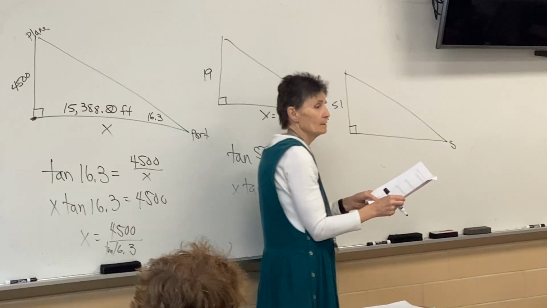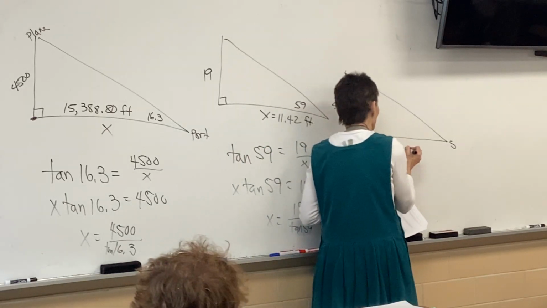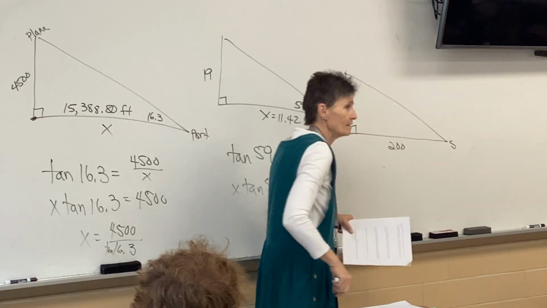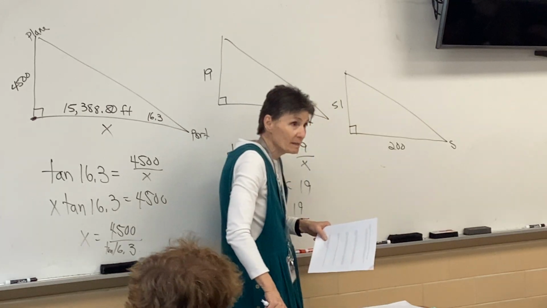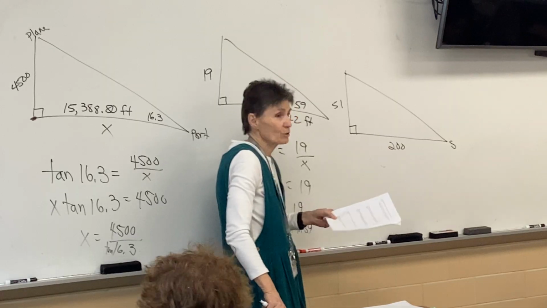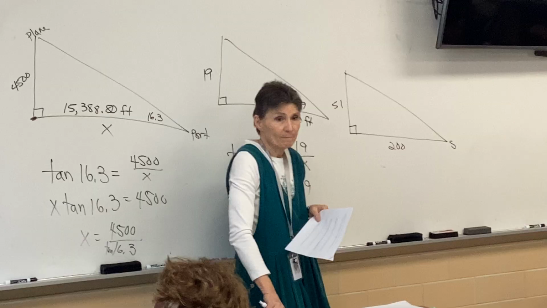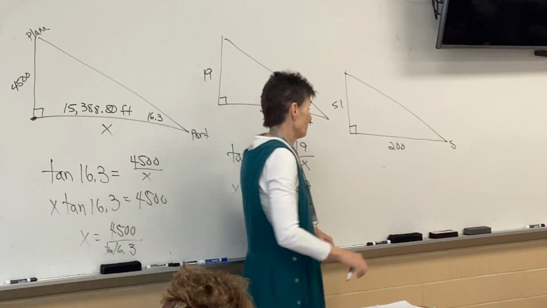Adjacent. He's standing 200 feet from the building, that's right here. What's this? That is from the top of the building. And when we measure distance, we don't generally go to the top of the building, we just go to the building. Right? And I'm finding the angle.